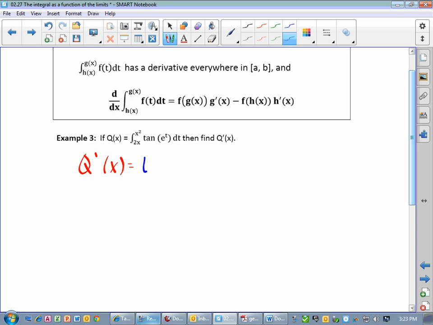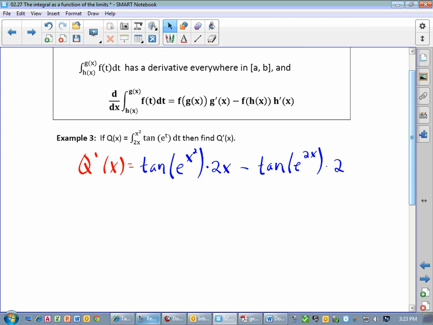That's the only t, so we have tangent of e to the x squared, and we multiply that by the derivative of x squared, which is 2x, minus, same idea, we plug in 2x for the t, so we have tangent of e to the 2x times the derivative of 2x, which is 2. That's the derivative of that integral.